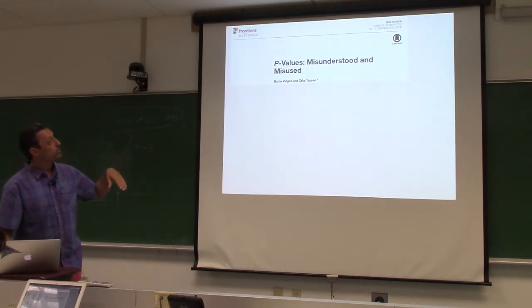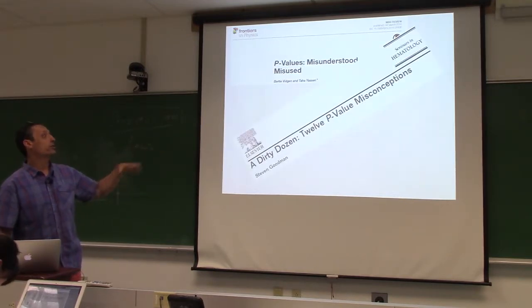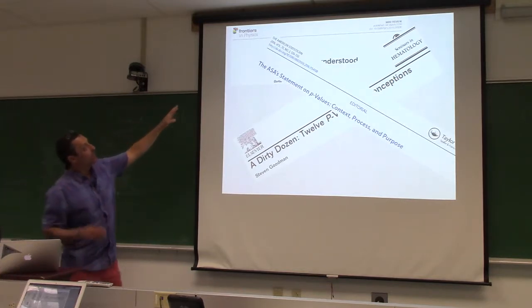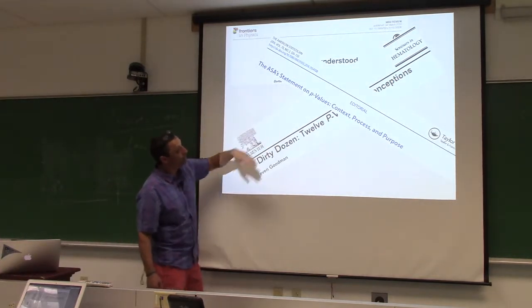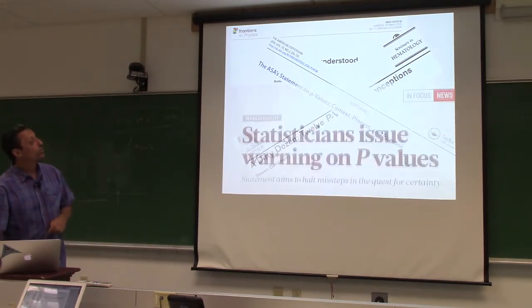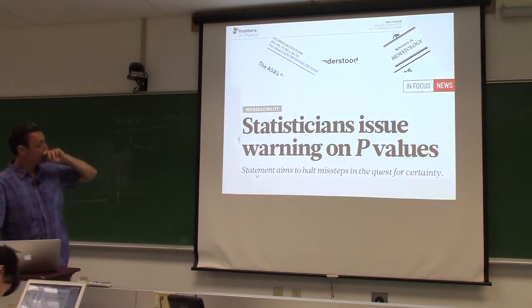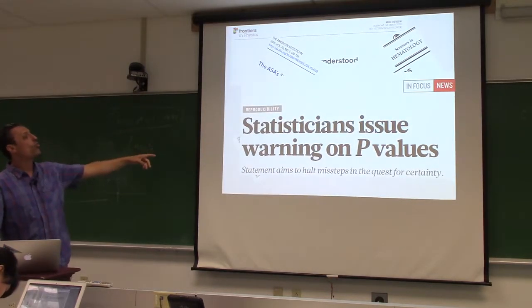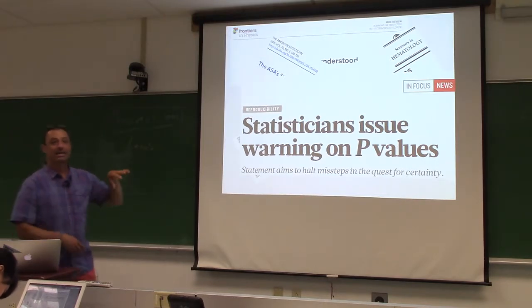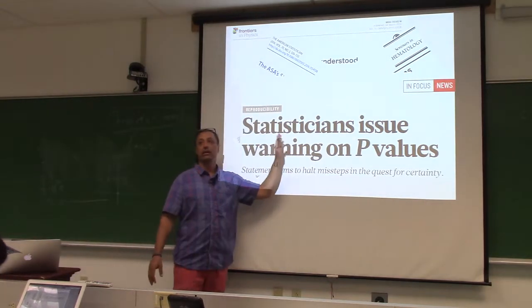"P-values: misunderstood and misused." "A dirty dozen: twelve p-value misconceptions." The ASA, the American Statistical Association statement on p-values: context, process, and purpose. This is for those of you who use p-values to establish the strength of a relationship. And this was in Nature last year: statisticians issue warning on p-values, because people use these statistics in ways that are not correct.